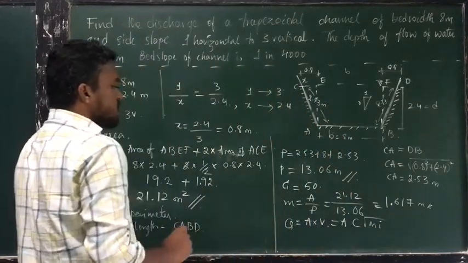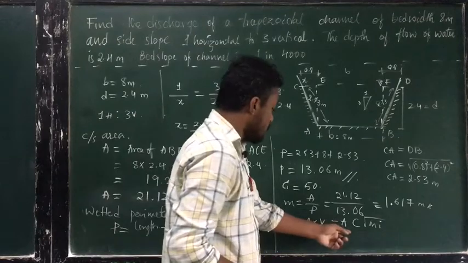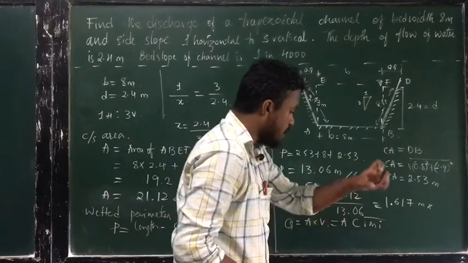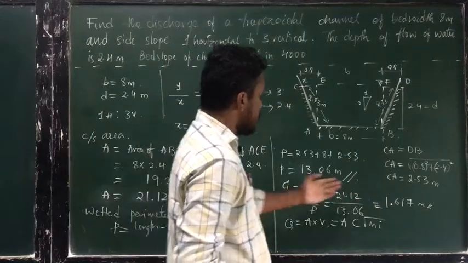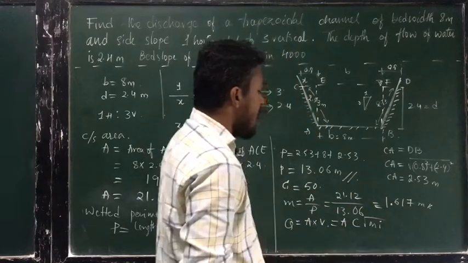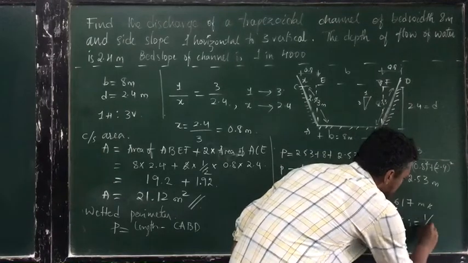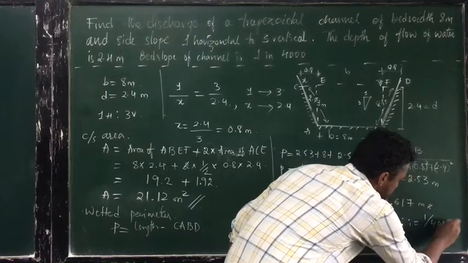So just check the data. So we know A, we know C, right? M is also we got M value, and I, which is given in the question. So I is equal to 1 by 4,000.